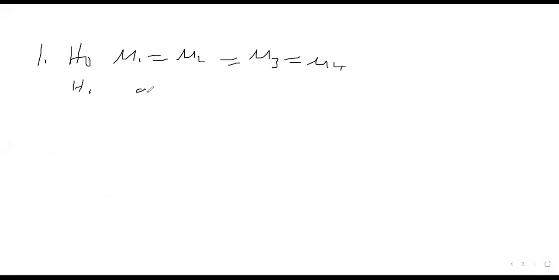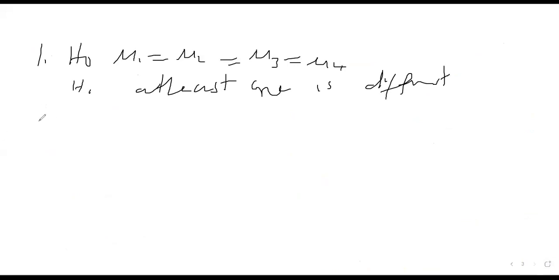So you say step 1, state the hypothesis. You simply say mu1 is equal to mu2 is equal to mu3 is equal to mu4. And here you say at least one is different.